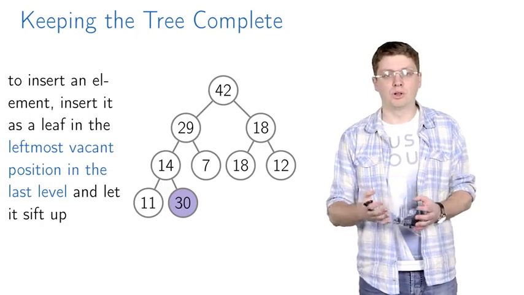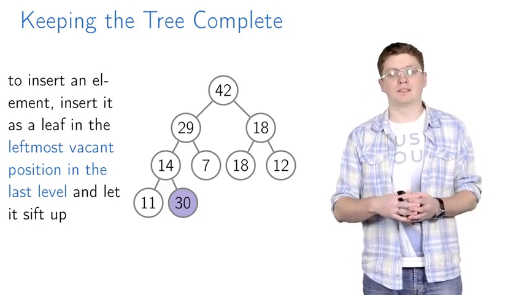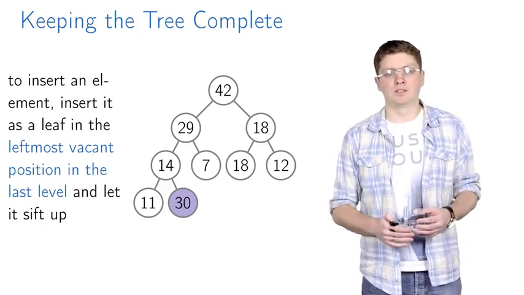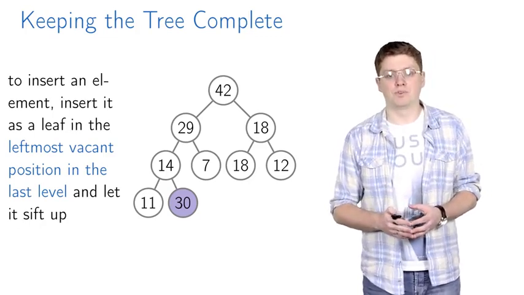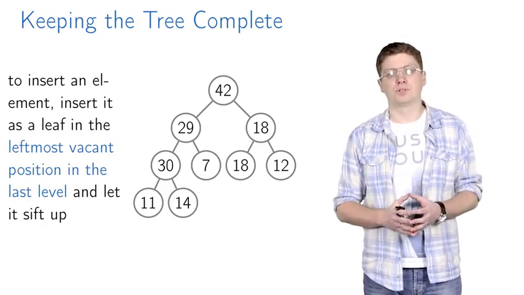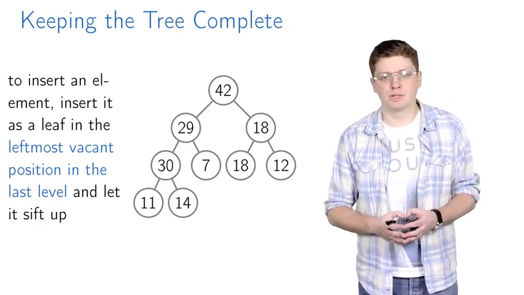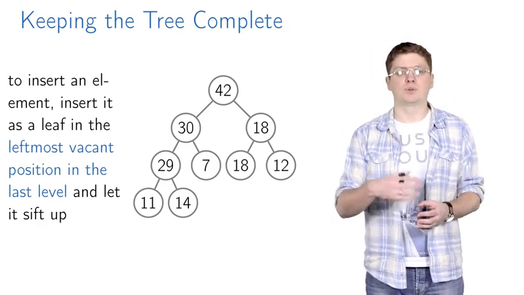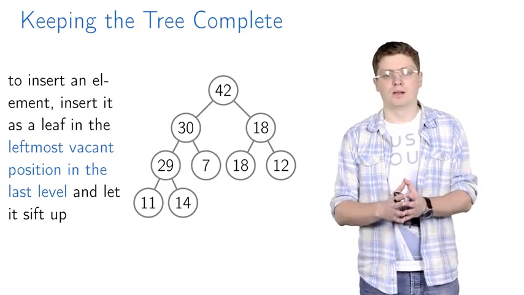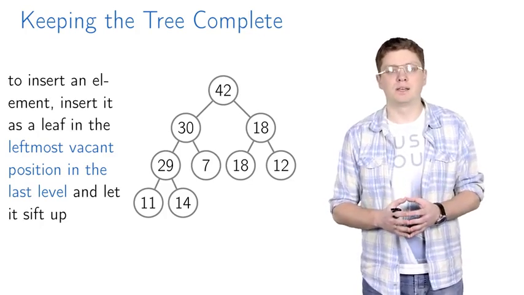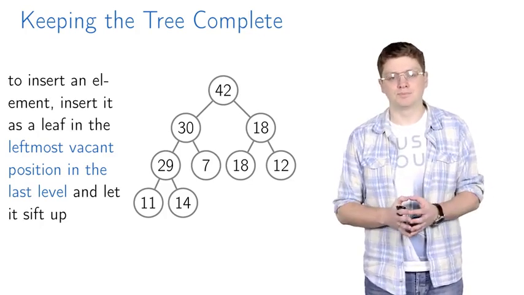Okay, then we need to let this new element sift up, so we perform a number of swaps. So 30 is swapped with 14, then still there is a problem, so 30 is greater than 29, so we swap it again. Okay, now the property of the heap is satisfied for all the edges.